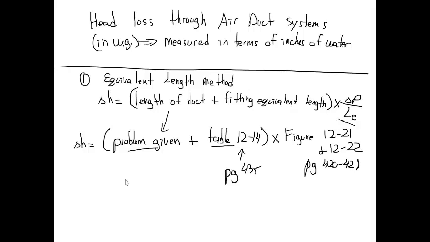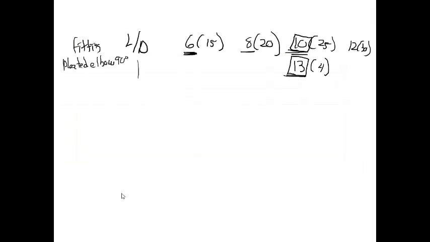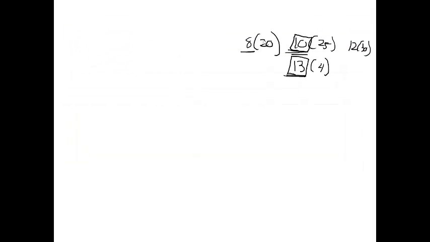Let's go ahead and turn to page 420 and 421. Pages 420 and 421 give you charts that allow you to figure out what your loss is in terms of inches of water per 100 feet of ductwork length.